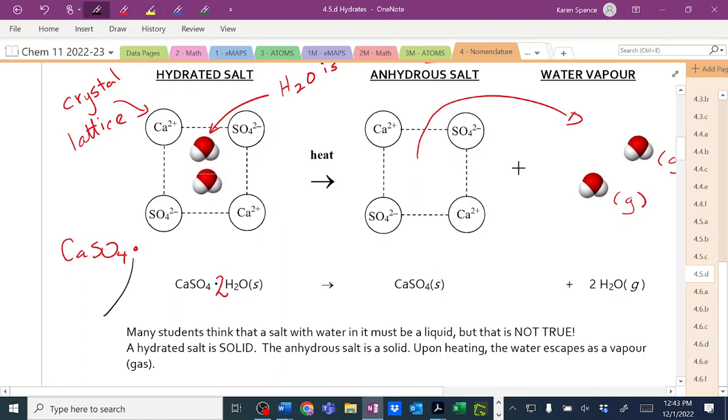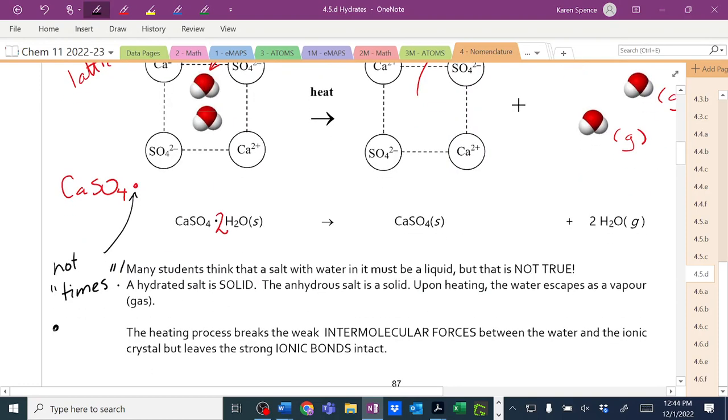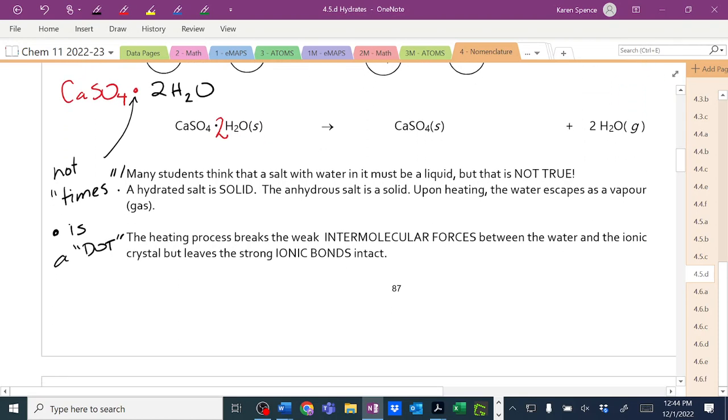It's not a times sign. Okay, so that's not times, it means it's a dot. And it means it is loosely attached. So we have two waters loosely attached to the calcium sulfate.